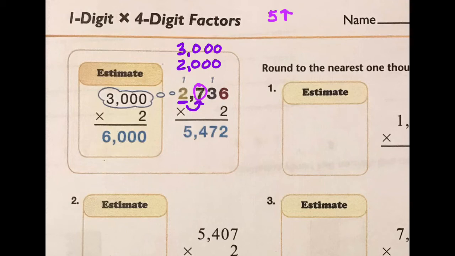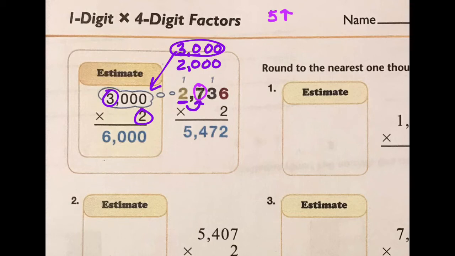Well, that's greater than 5. So that means that it is going to estimate to 3,000. It's going to go up. Okay, that 2 will become a 3. And then the rest are zeros because that's what we want to do to make it easy to just multiply. Okay, because then all we have to focus on now is the 2 and the 3.